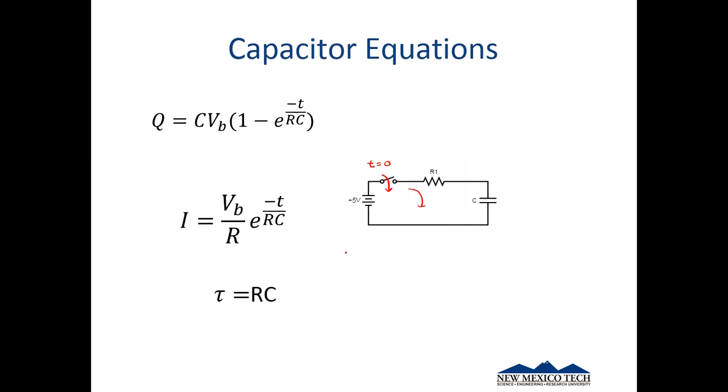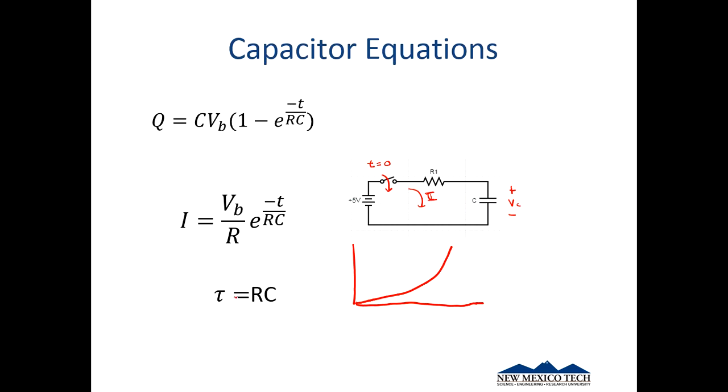Well, we can plot a couple things here. I'm going to call this VC, and we'll call our current I. Okay, so our voltage across this capacitor ends up with time going up.